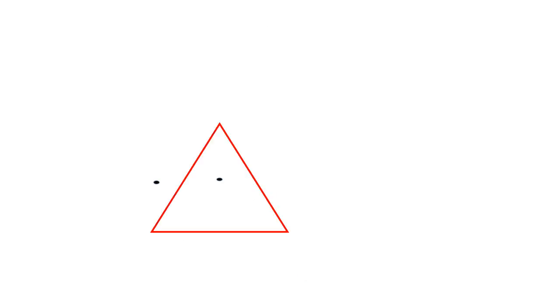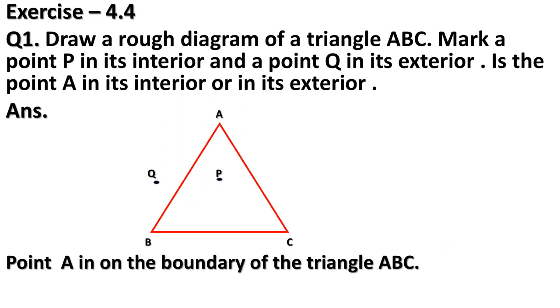Now, exercise 4.4, solutions of exercise 4.4. Draw a rough diagram of a triangle ABC and mark a point P in its interior and a point Q in its exterior. Is the point A in its interior or in its exterior? You have to make one triangle ABC.